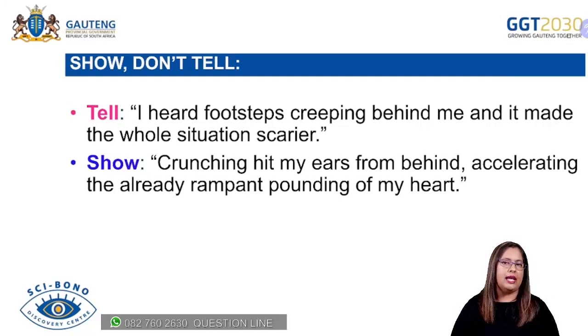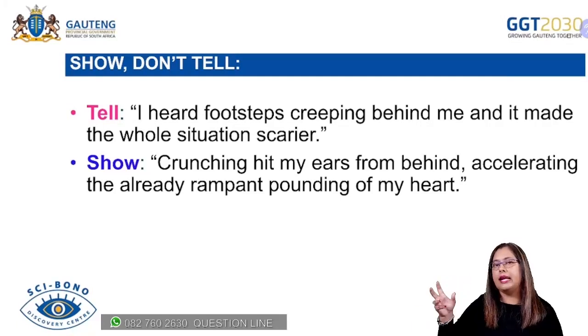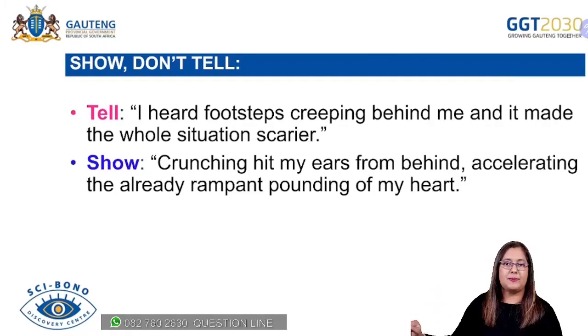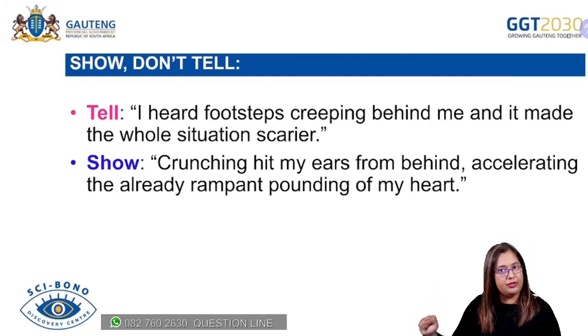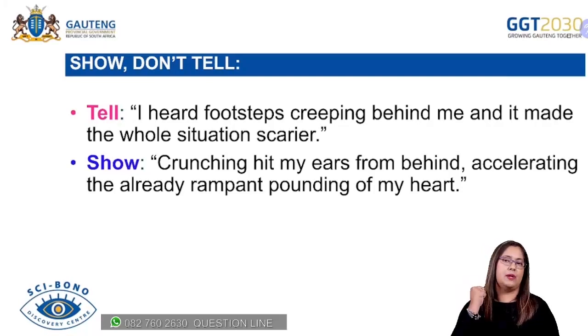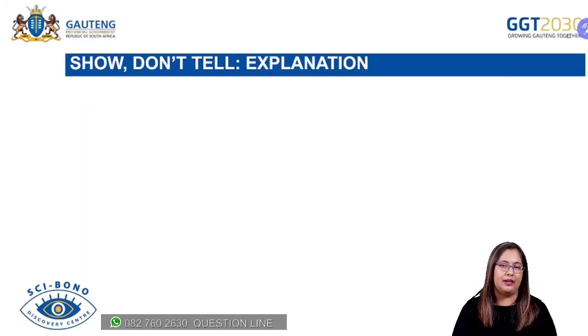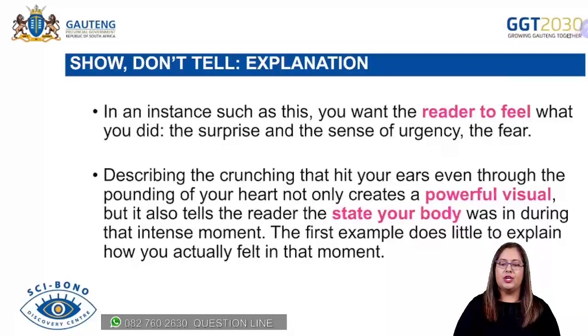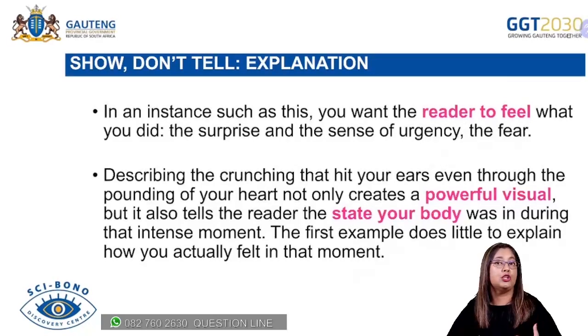So where you would get that almost scary image of footsteps behind you that would freak you out firstly. Now when you're using it to show us that, you can use your adjectives and describe it like where your heart was pounding and your veins and arteries were pulsating with blood flowing through it during the scary experience.